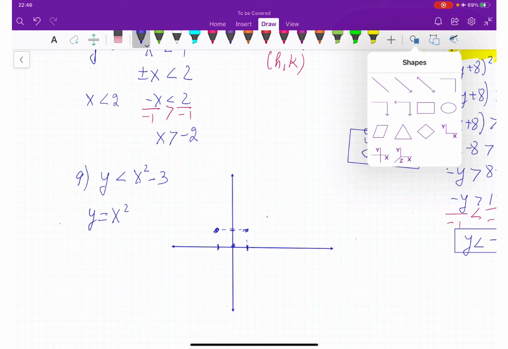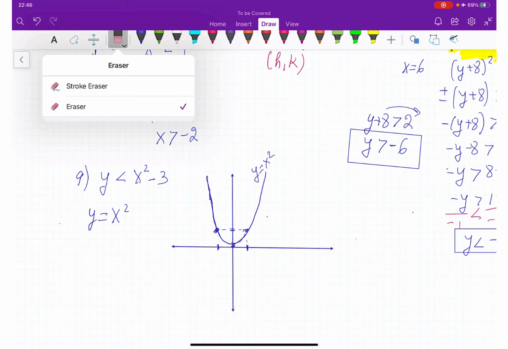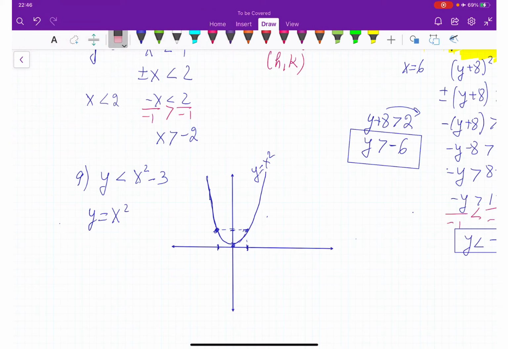Let me see. I'm going to draw approximately. Use your imagination. This is a symmetric curve. All right, so this is y is equal to x squared. And we have to use dashes because there is no equal sign.